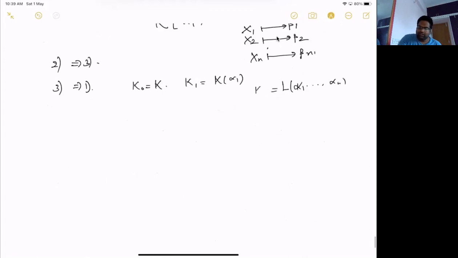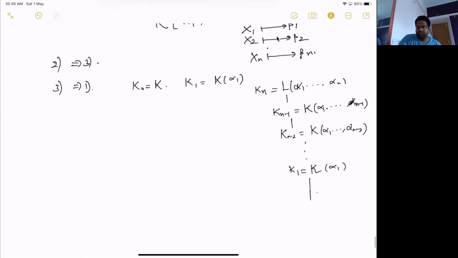Kn is equal to L. Kn minus 1 is equal to K(alpha 1, ..., alpha n minus 1). So Kn minus 2 is equal to K(alpha 1, ..., alpha n minus 2). So K1 is K(alpha 1) over K. Now you see, each alpha 1 is algebraic over K, so this is finite.